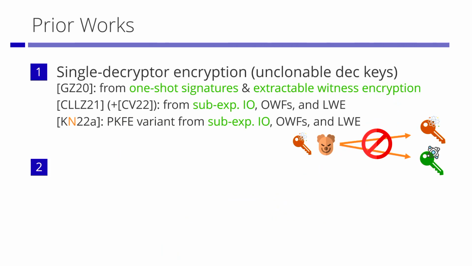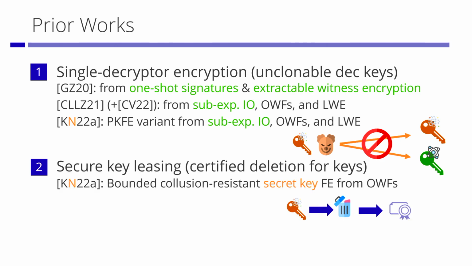There are a few previous works. Single decryptor encryption is public key encryption whose decryption keys are quantum states and copy protected. However, to achieve this strong cryptographic primitive, we need strong cryptographic assumptions such as one-shot signatures and extractable witness encryption or post-quantum indistinguishability obfuscation.